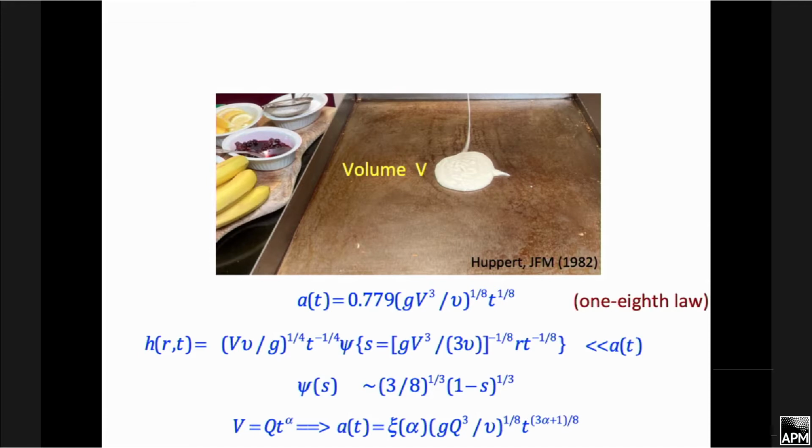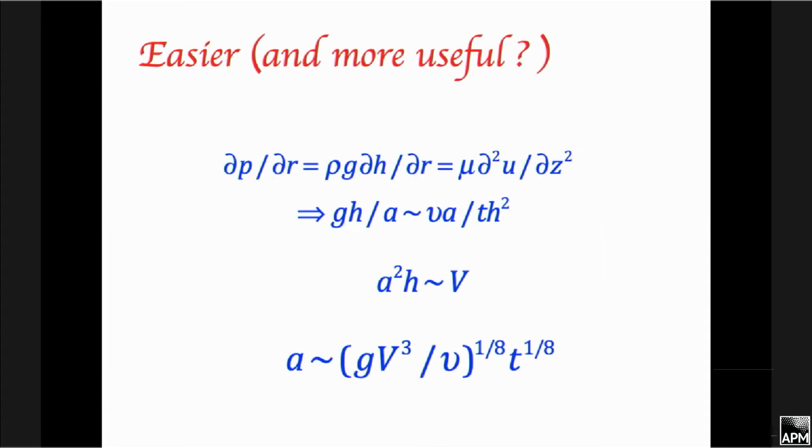Now, I did this theory, and a number of my colleagues didn't believe it and said that, no, I'd made a number of errors. And, sorry, I want to say, rather than solving the full equations, here's an easier method, and I think more useful, but approximate. But it also shows what's involved. It says the radial pressure gradient, and the pressure is given hydrostatically by rho g h.